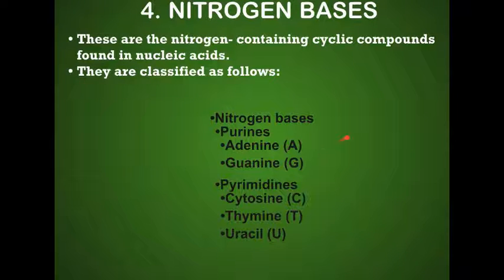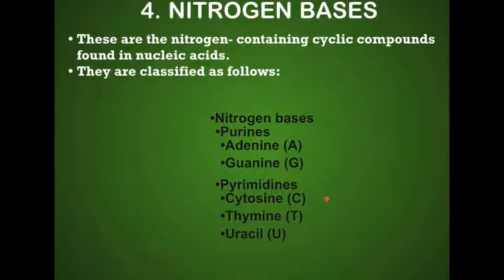Then we come to the next group, which is the nitrogen bases. These are nitrogen containing cyclic compounds which are found in our nucleic acid. So we can classify these nitrogen bases into purines and pyrimidines. Purines are adenine and guanine. Pyrimidines are cytosine, thymine and uracil.